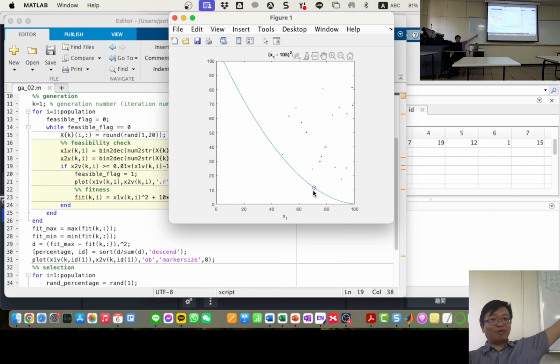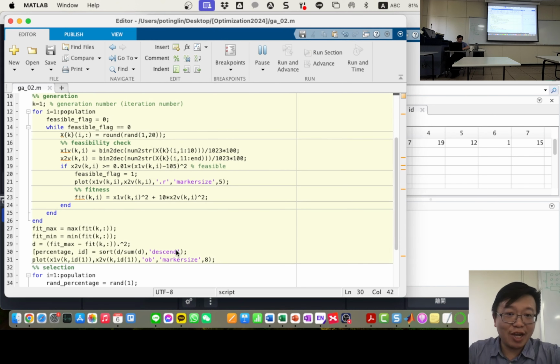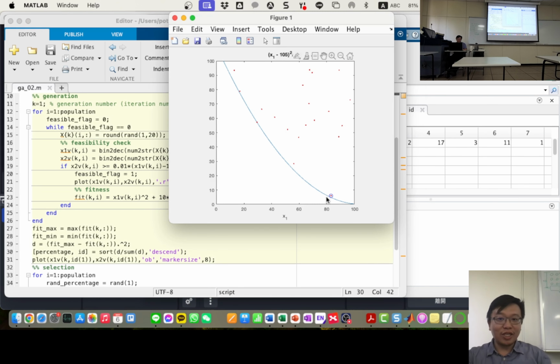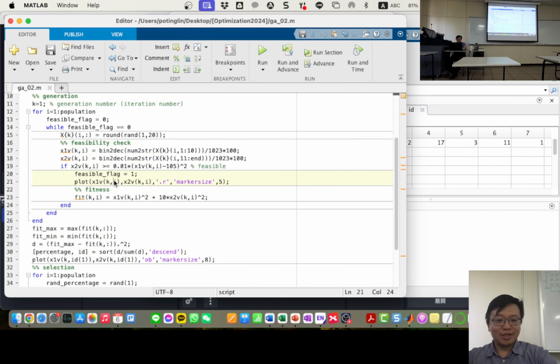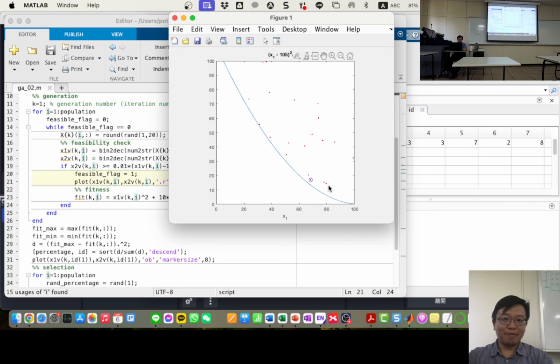So this particular one is the one with the best objective function value. I'll try it one more time. This one is the best. Let's see more.